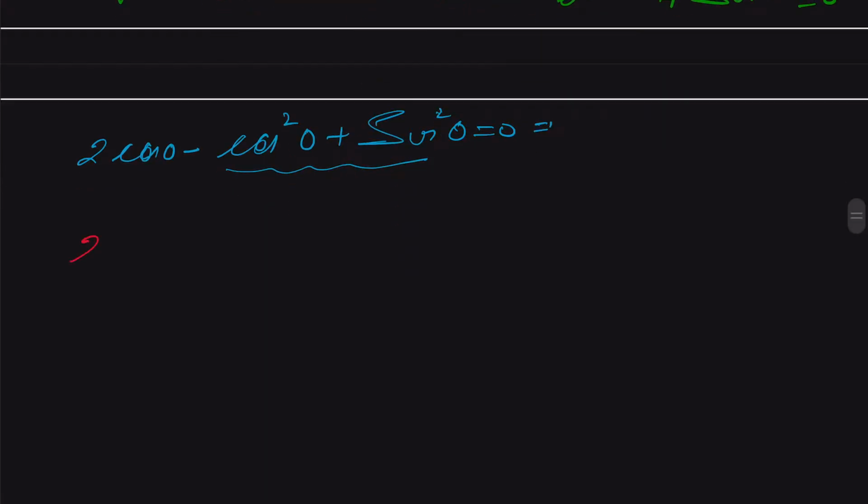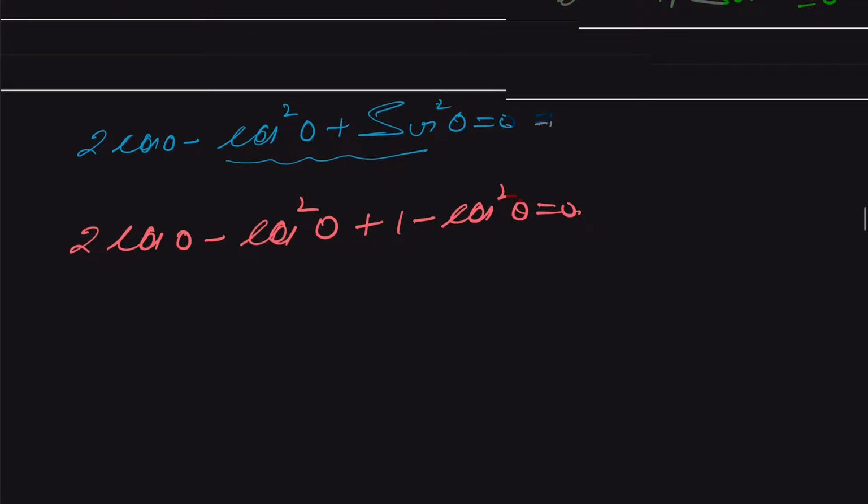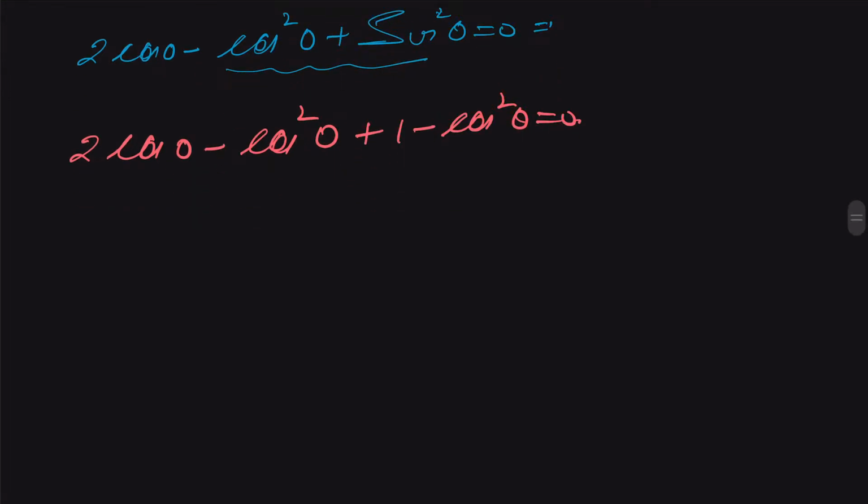We can write this as 2 cos θ - cos² θ + 1 - cos² θ is equal to 0. And this will be giving us a quadratic in cos, so that will be 2 cos² θ - 2 cos θ - 1 is equal to 0.